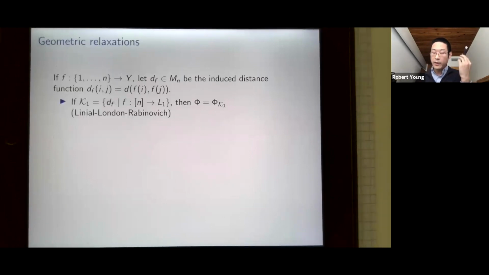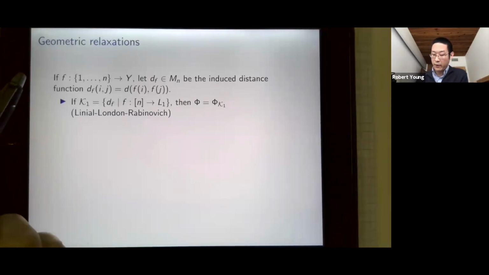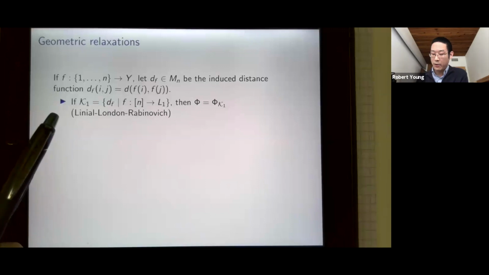The way that geometry comes in here is that a good way to construct nice sets of matrices is to use geometry, to use distance matrices. Let me start with a version based on L1 metrics, based on the Banach space L1.